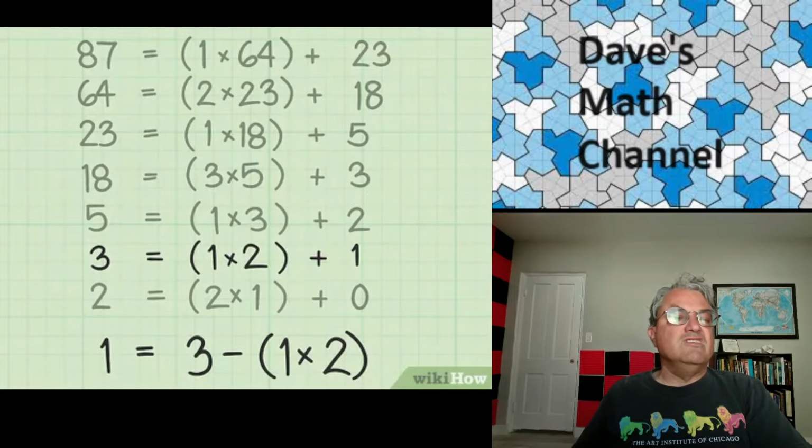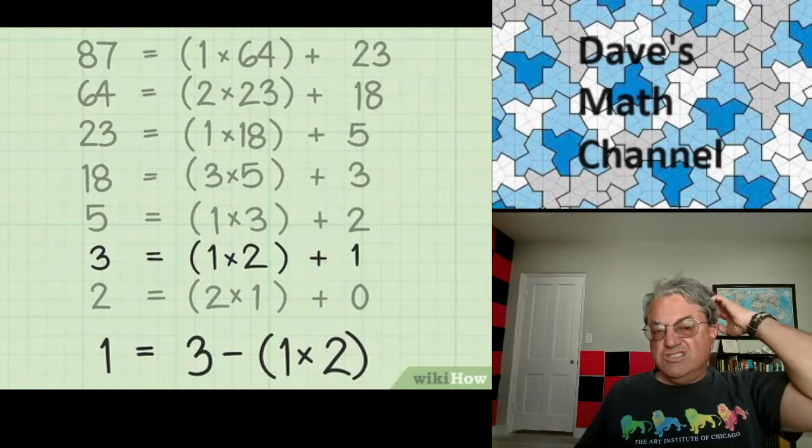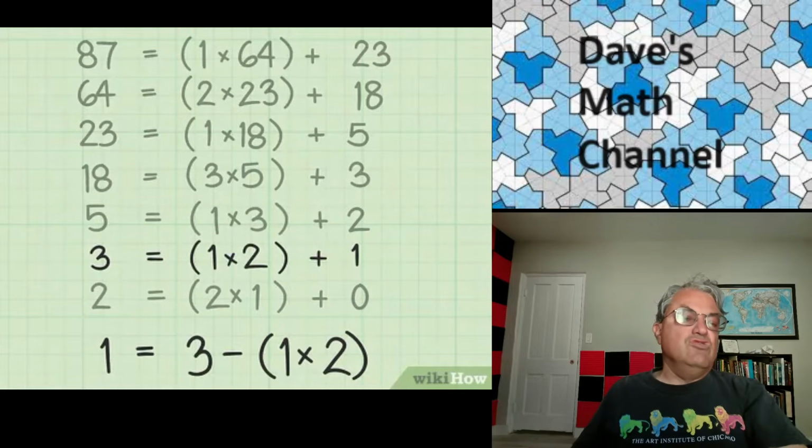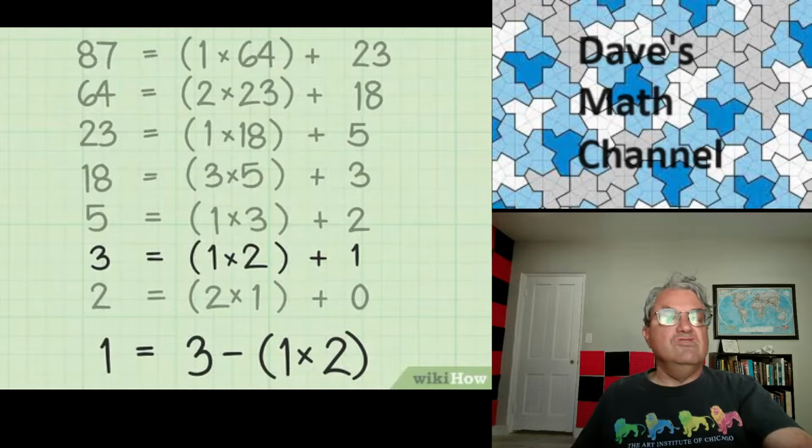You keep replacing the divisor with the remainder and the previous divisor with the dividend, until you're left with 0 as the remainder. The last nonzero remainder you're left with is the GCD. That's how Euclid's algorithm works.